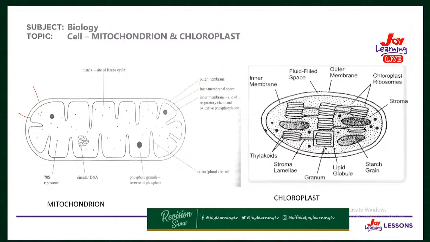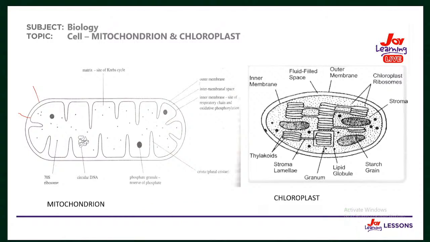And I compared it to the chloroplast on your right because something is so unique about these two. They have double membranes, and part of the membrane folds in, forming stacks on each other.